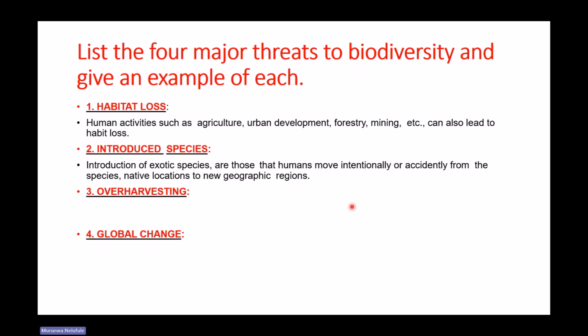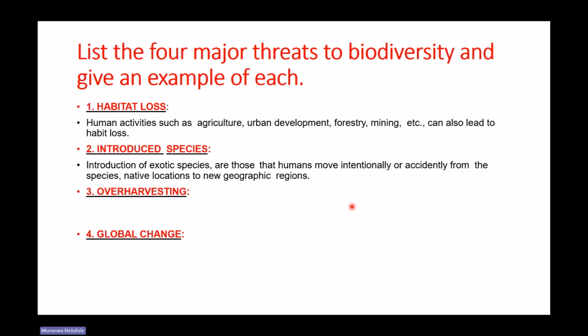They will go and cut the trees for wood to make fire, to cook. So when they overharvest that, the environment will take longer to regenerate or to recoup or to reinstate itself to the original state that it was, therefore leading to this.